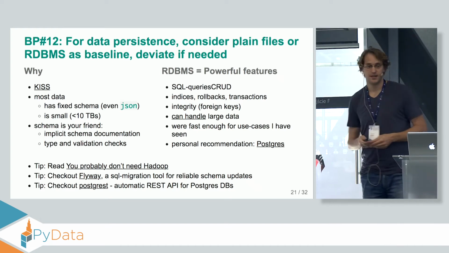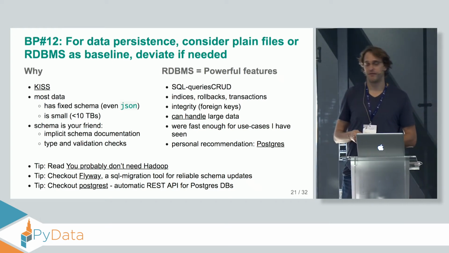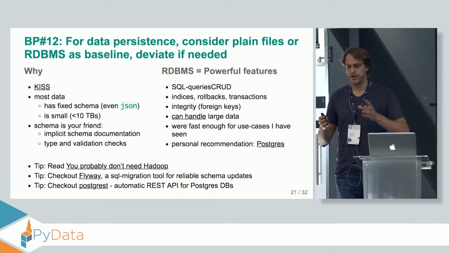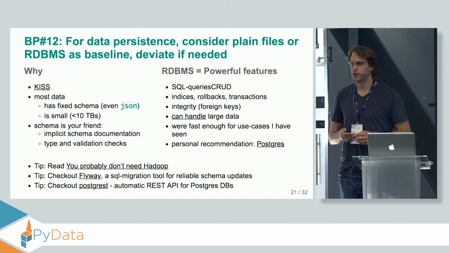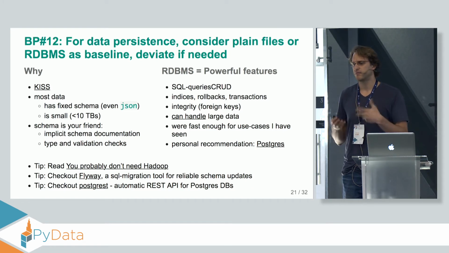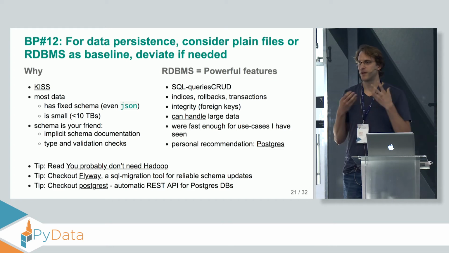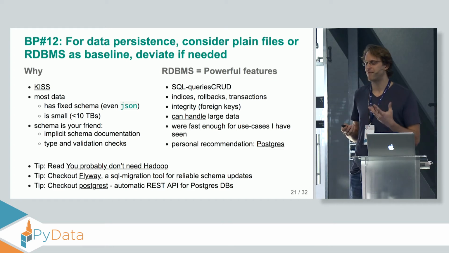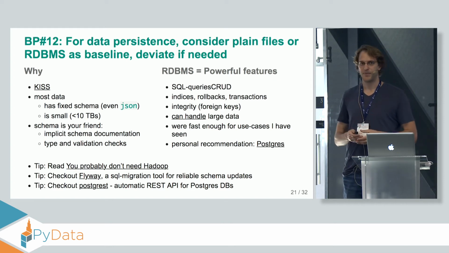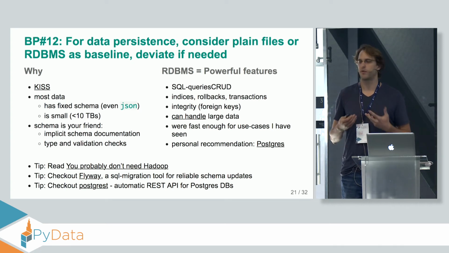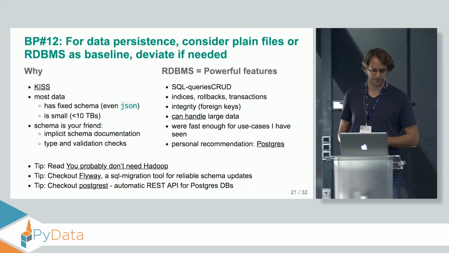They have many powerful features that you can use. Of course, you might have a very special use case, and what you need is different from a relational database. But I always take, in this case, Postgres, my favorite one, as a baseline, and deviate from it only if the requirements call for it.